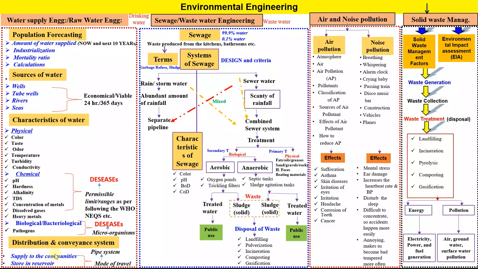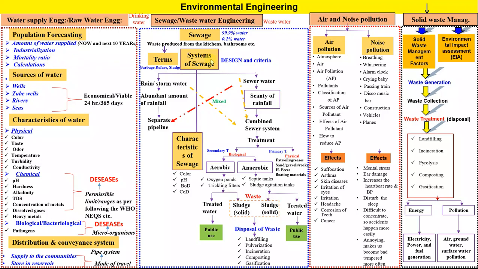Definitely we will use a pipe network, and some countries store the water, so they have dams or reservoirs. So this is also a topic: how we will supply through pipes and networks, and how it will be stored in reservoirs.